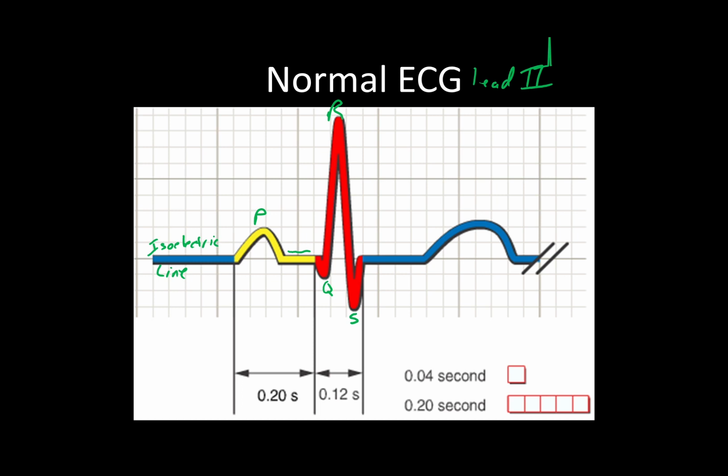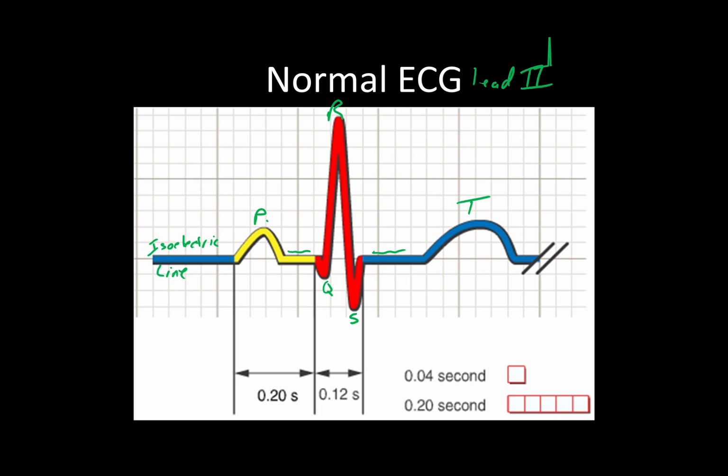We'll talk some more about the different combinations in a bit, but the idea is that QRS follows the P wave and its flat spot. After your S wave, you have another isoelectric line, which is then followed by the T wave. So this is your standard P, Q, R, S, T waves.